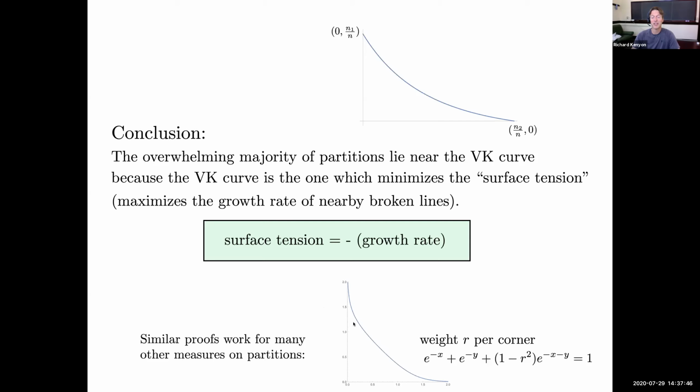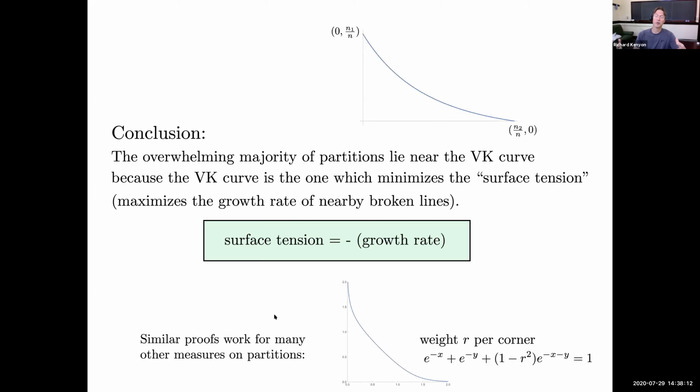If I take Young diagrams with uniform measure, but I give a weight R per corner in the Young diagram, so if you like, it's like R squared to the number of distinct parts of the partition, then this limit curve also has a very simple looking formula. I hope I got it right there, but that looks like that. This is for like R equals 10 or something.